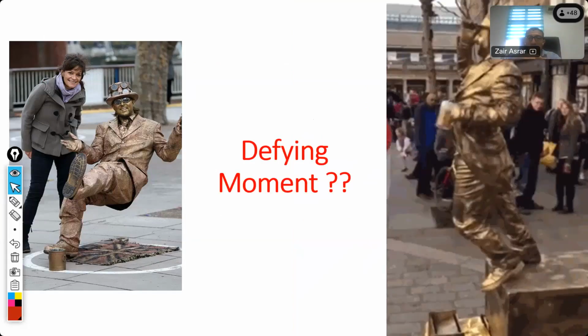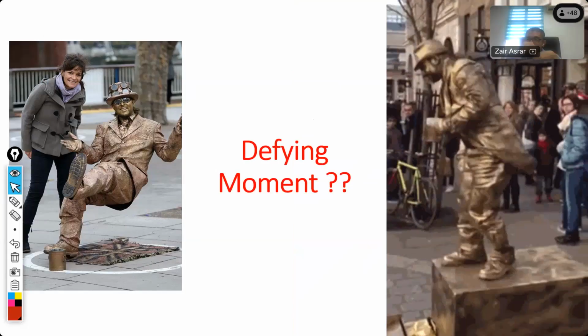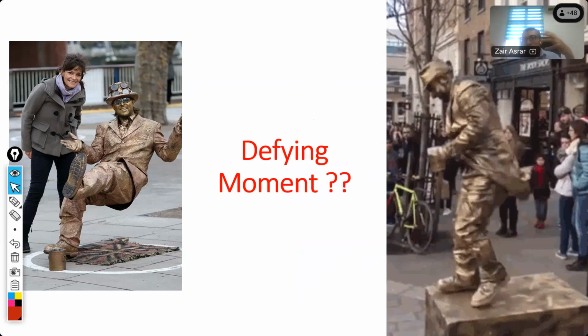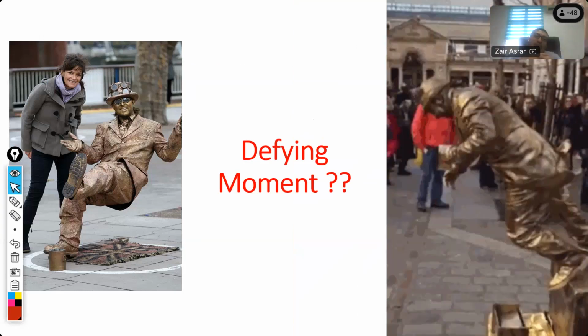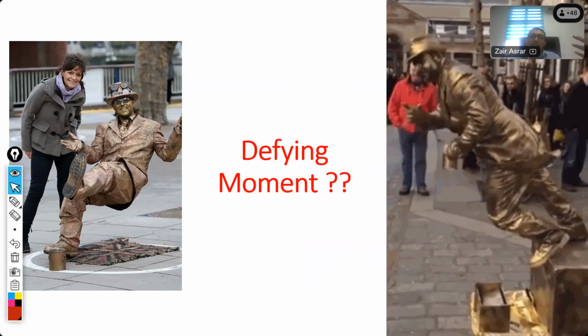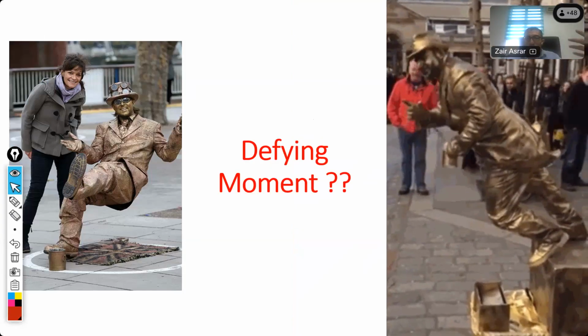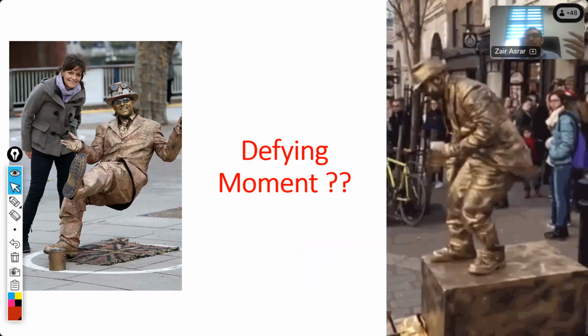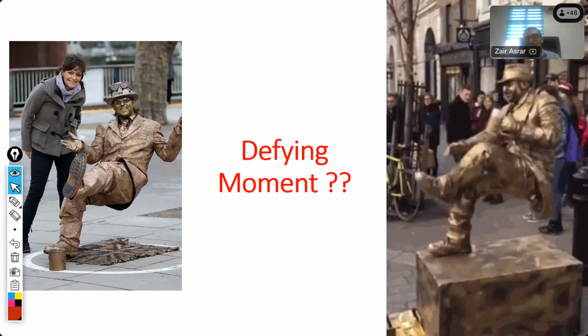And when you see the statue, it is in a physically impossible pose, I would say. So it almost defies what we learn about moment. If all of this were possible, our crane previously would never fall down; it would stay in place.